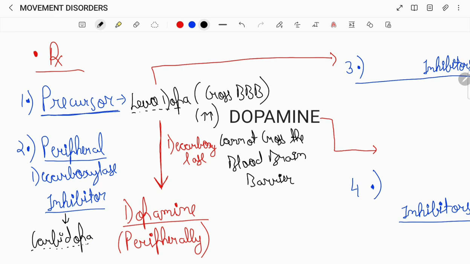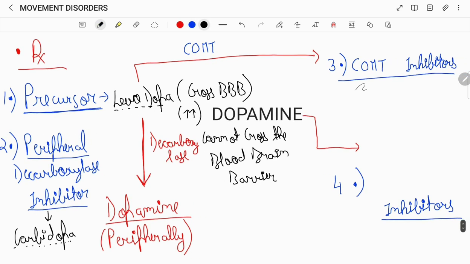Now, this levodopa may also be acted upon by the enzyme which is COMT. So, to stop this activity, what we give are COMT inhibitors. The example for COMT inhibitors can be tolcapone.